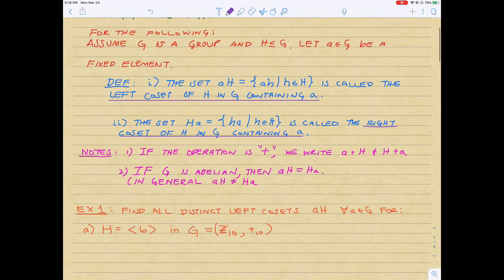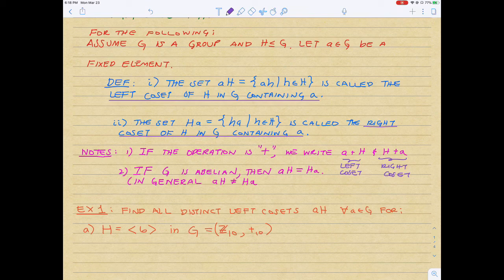Also note, if the operation is addition, we write a plus H and H plus a to represent the left coset and the right coset, respectively. So you'll know that's representing the left coset, and this is our right coset.